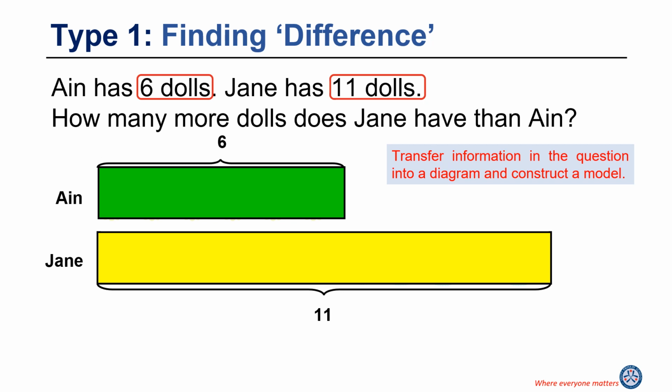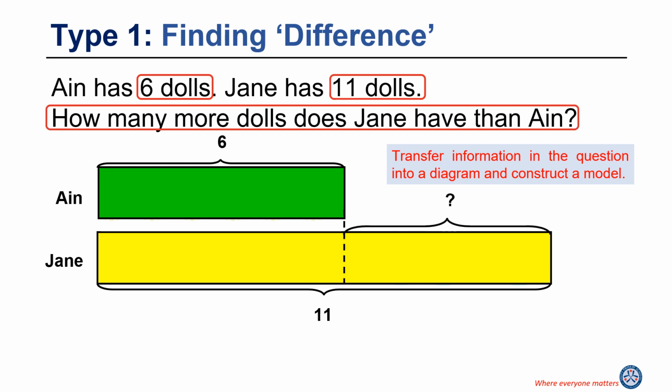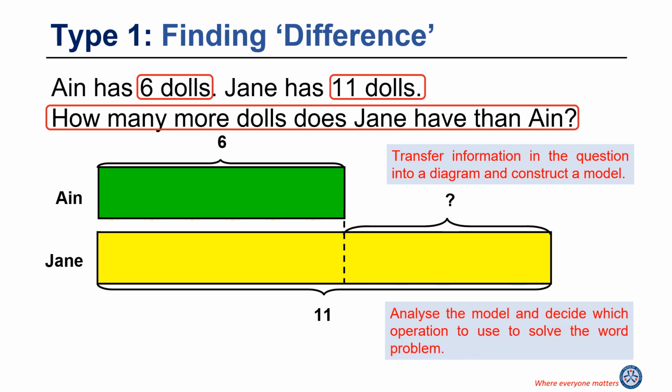The part that represents the more will be the extra part behind Jane after comparing with Ayin. We take what Jane has and subtract what Ayin has to find the extra part, which represents the number of dolls Jane has more than Ayin.